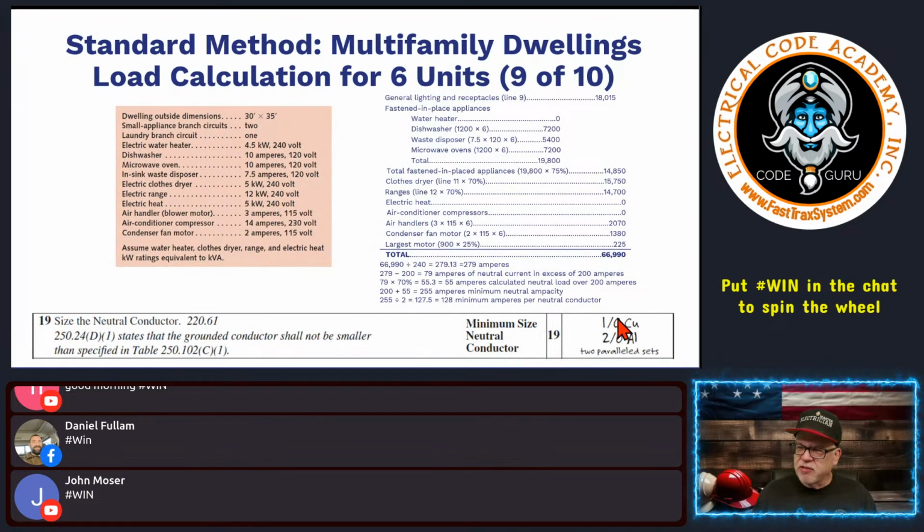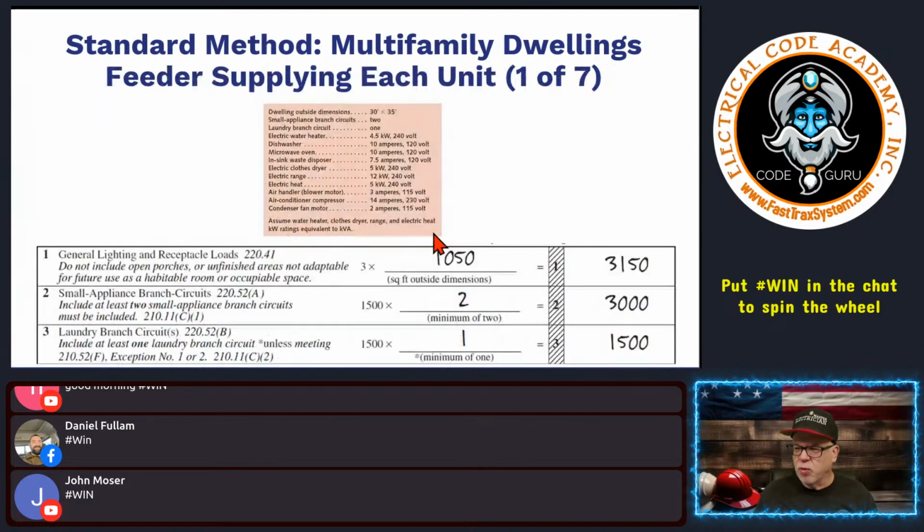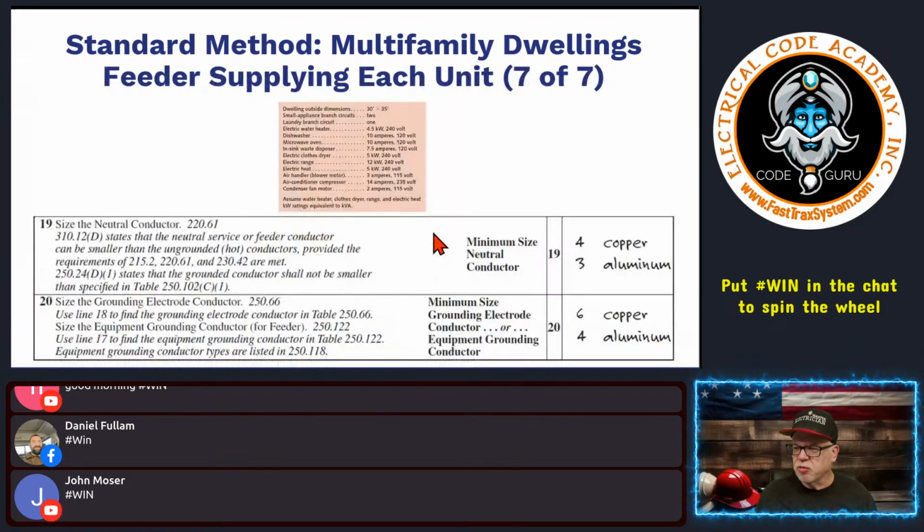The reason we came up with that under the standard method was because all of those loads, the general lighting, general use, and all that, were 120 volt associated loads. So all we're doing is using the standard method to come up with the neutral sizing, no different than we did before. Nothing changed when it comes to the neutral.